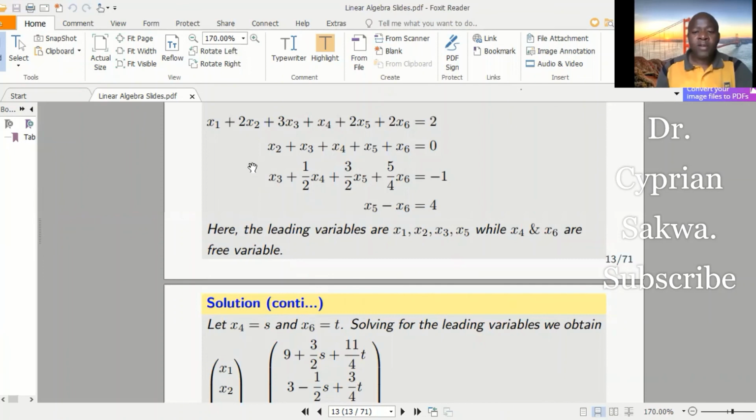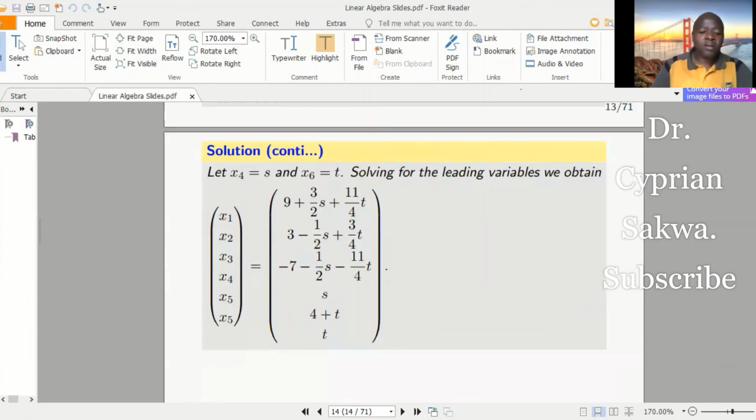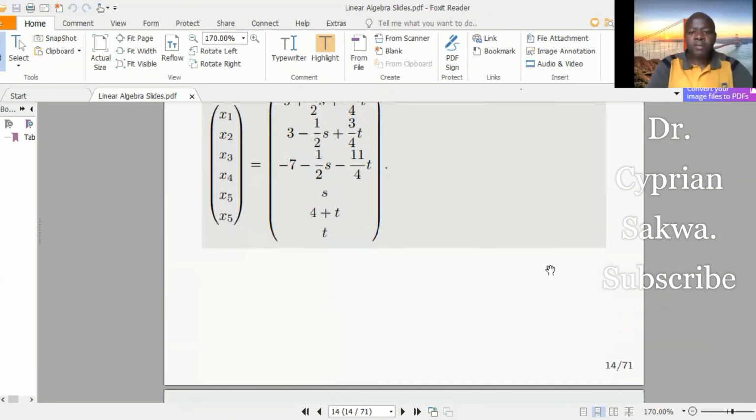And then I moved to the first equation and made x1 the subject. Remember that I've already found these other values. Substitute them here and make x1 the subject. Doing that gave me 9 plus 3s over 2 plus 11t over 4 as x1. And that is how we solve a system of linear equations by Gaussian elimination.